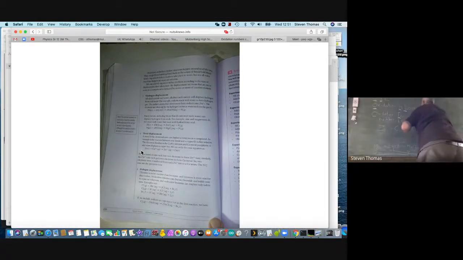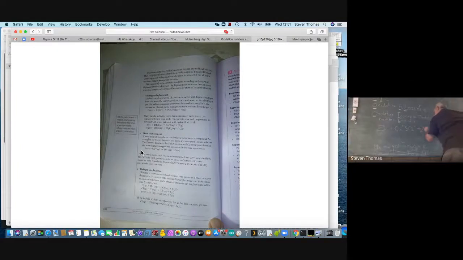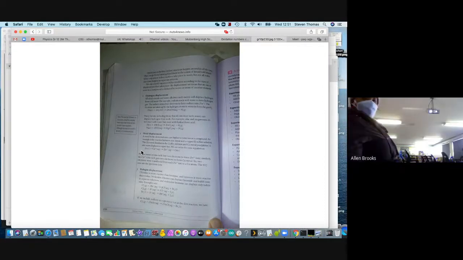I'm going to just add a sulfate because it makes the story more real. Goes to zinc sulfate and copper solid. That's what they've more or less got.